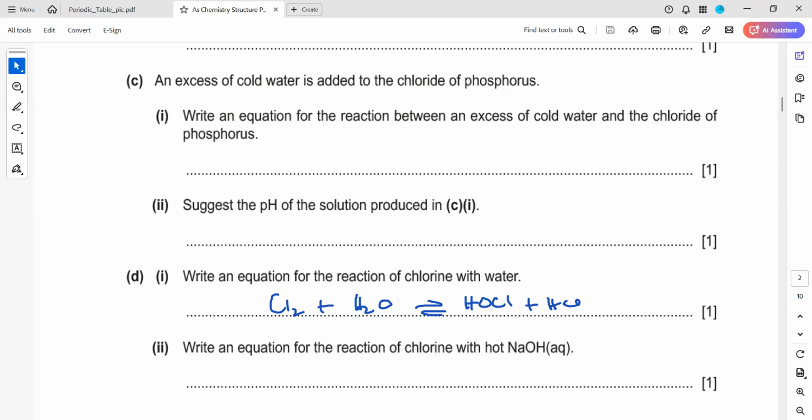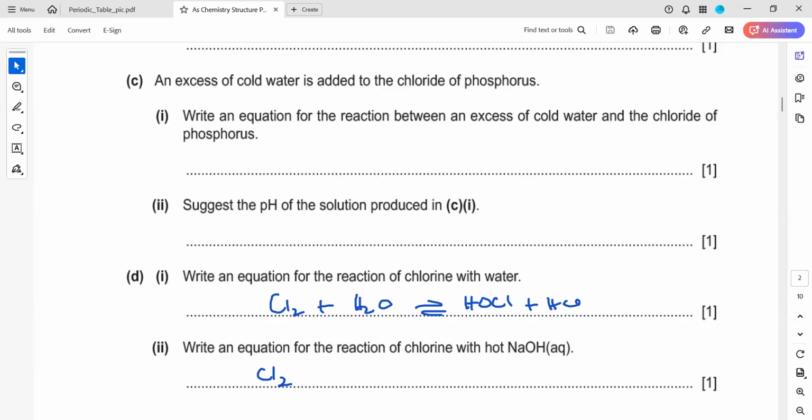chlorine reacting with sodium hydroxide, hot sodium hydroxide, because there's a different product if you use hot or cold. You have to remember, if it is cold, only one product pair will be there, NaCl plus NaClO.